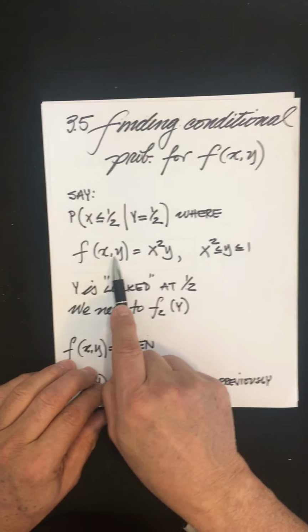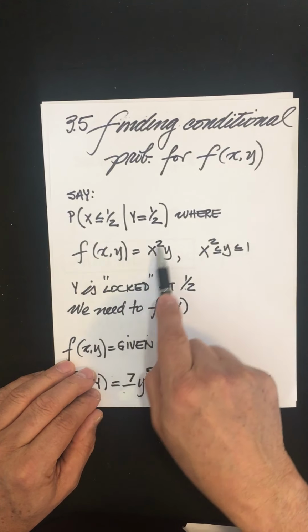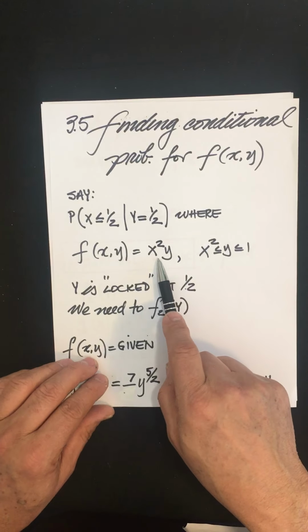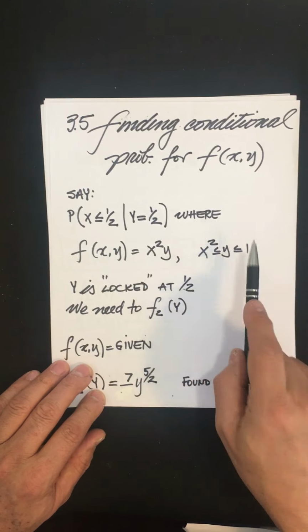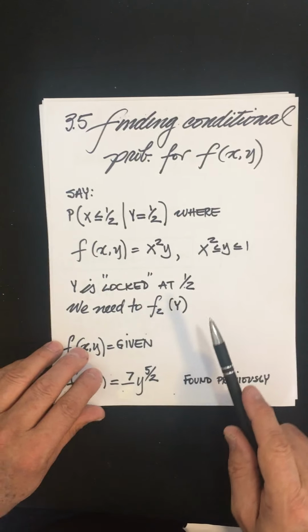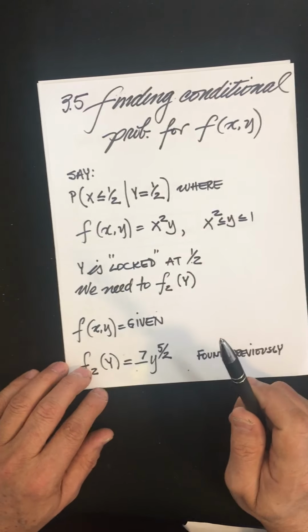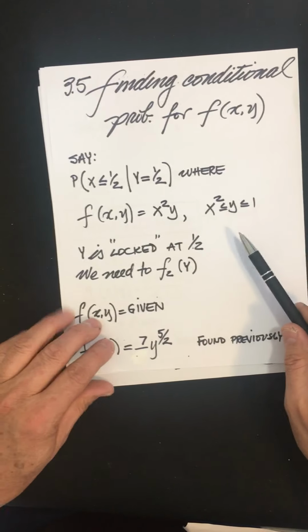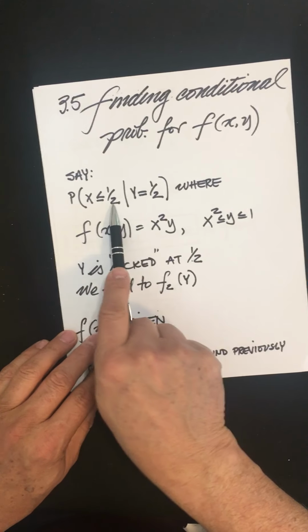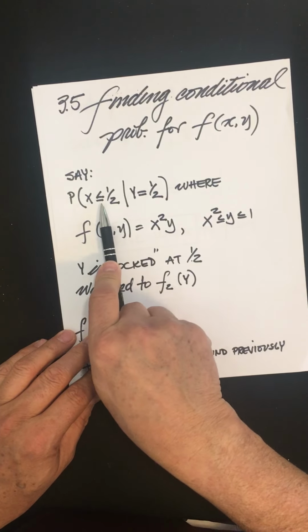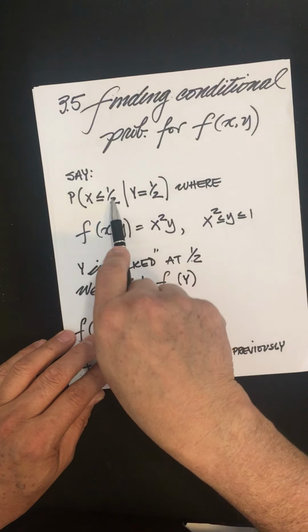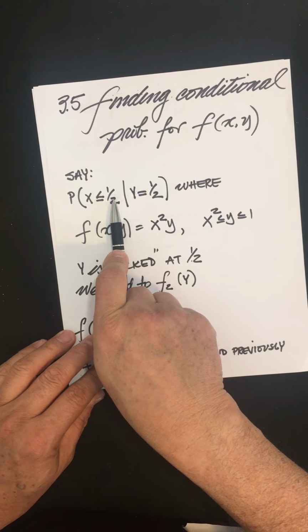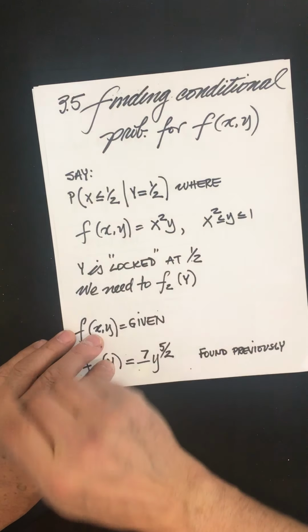So here, given a function of xy, x squared y, this function was covered in the previous video. And this is the domain of y. Well, if I say that y is half, then I want to find the probability that x is less than half. What you need to keep in mind, if x is less than half, then I'm going to do gx.